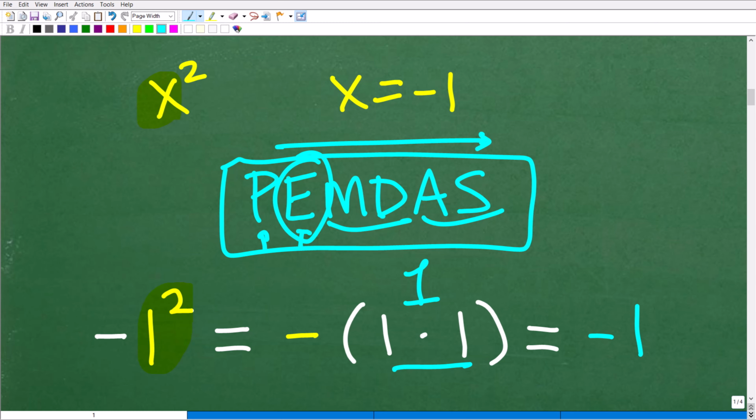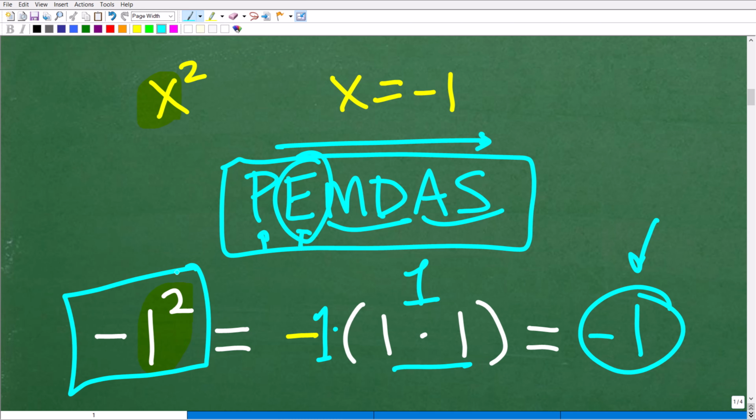And then we're going to take the opposite of 1, or the negative of 1, and that is -1. And really, outside right here, there's a -1 times this 1 squared. Okay? All right, now if you want to double check this on your own, if you have a scientific calculator, you can just type in without parentheses -1 squared, and you'll see the answer -1.